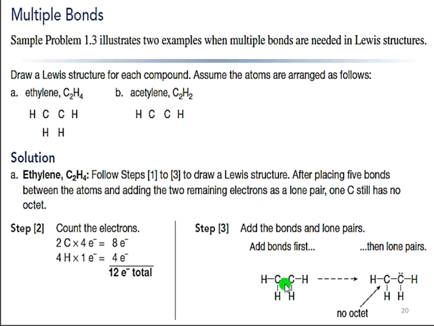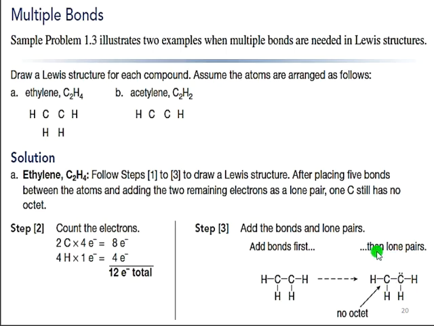No, the answer is also no. We can put the remaining 2 electrons on one of the carbons. If you put the 2 electrons here, this carbon will be surrounded by 8 electrons, but this carbon will not follow the octet rule. That means this formula is false, not true.